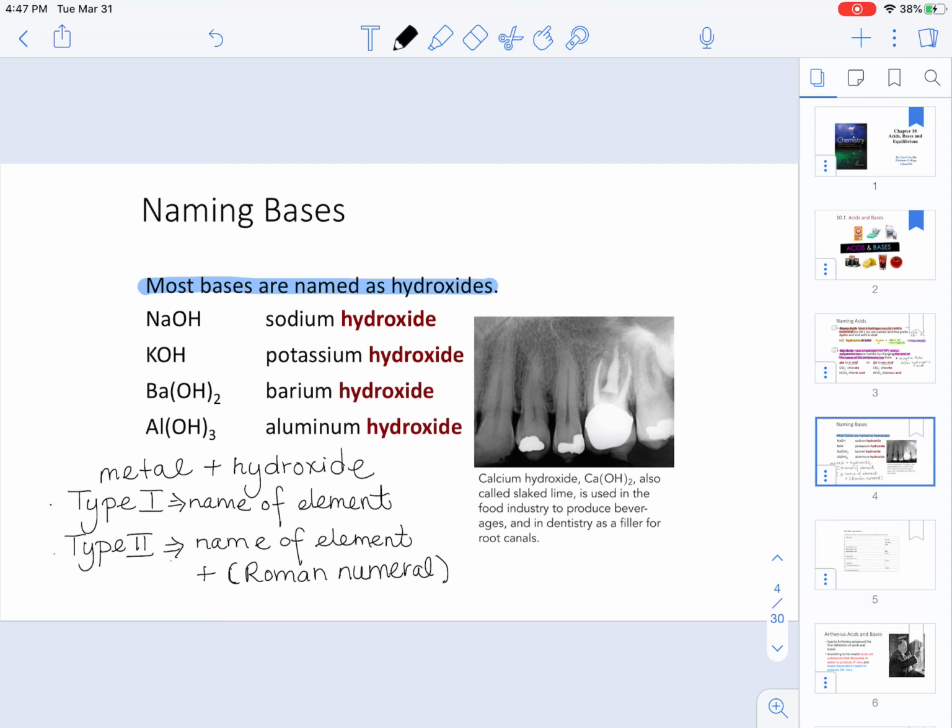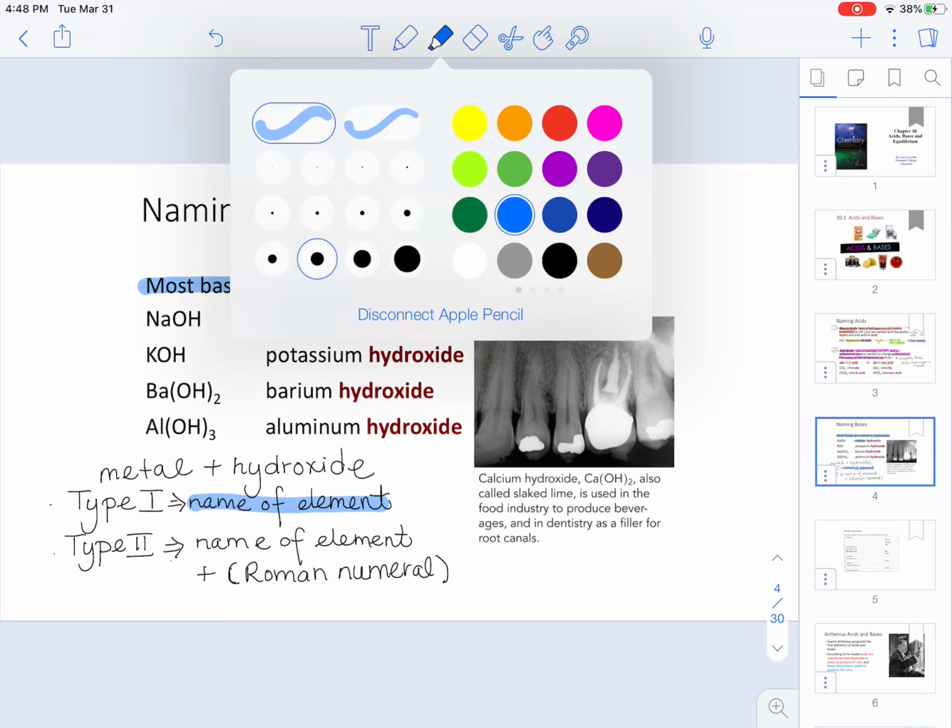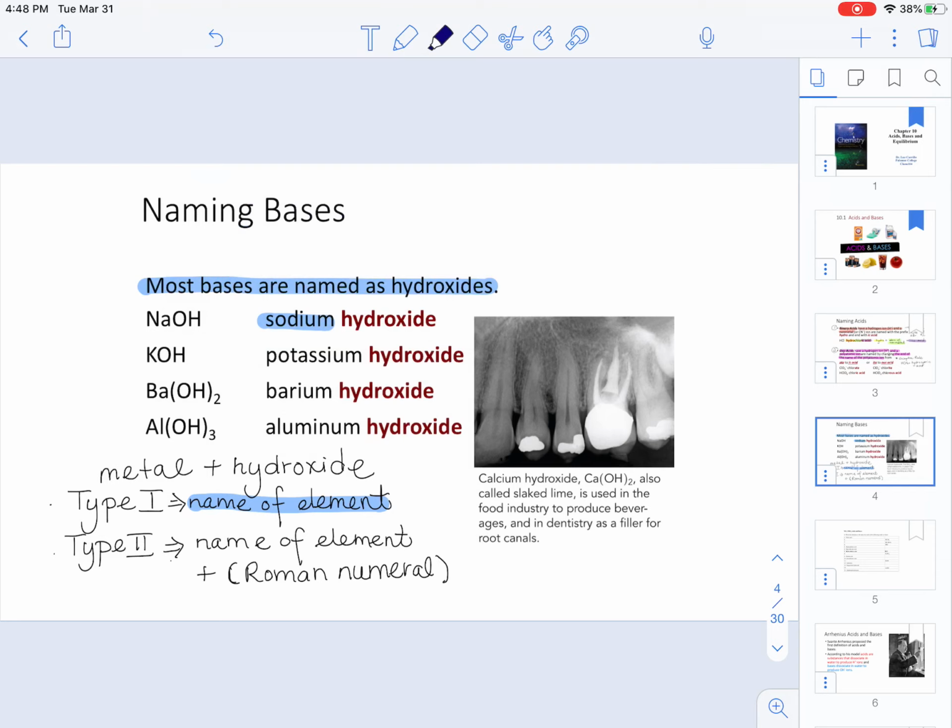In the examples that you have here, all of these are type 1 metals. That's why you see the name of the element, for example in the first one, sodium. And then we see the word hydroxide because that's the name of the polyatomic ion. Now, similar to what I expressed before, there's only one exception when it comes to bases, which is NH3.